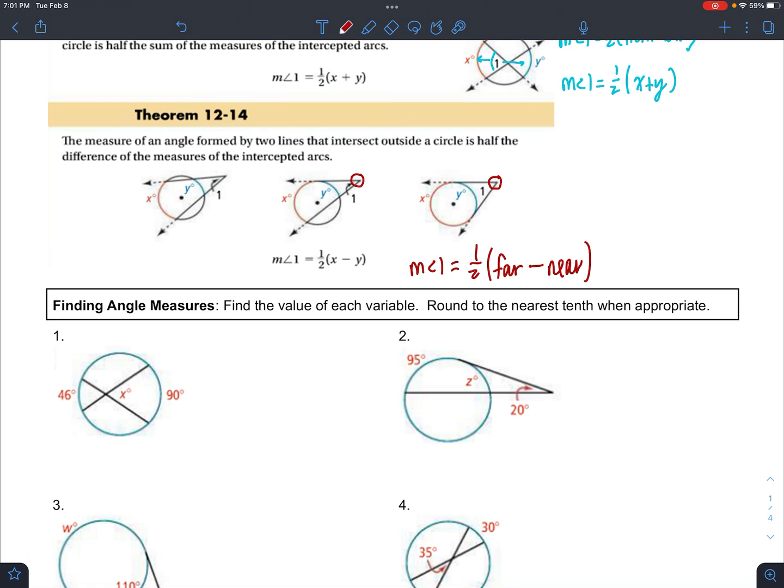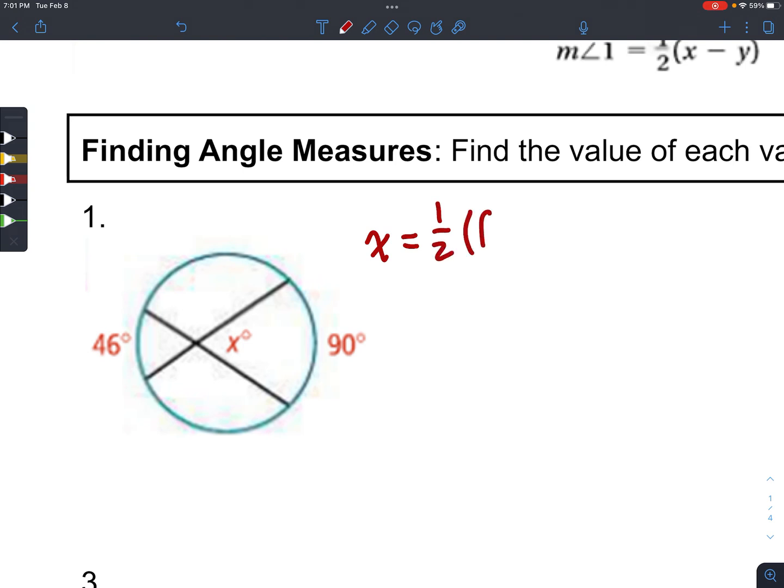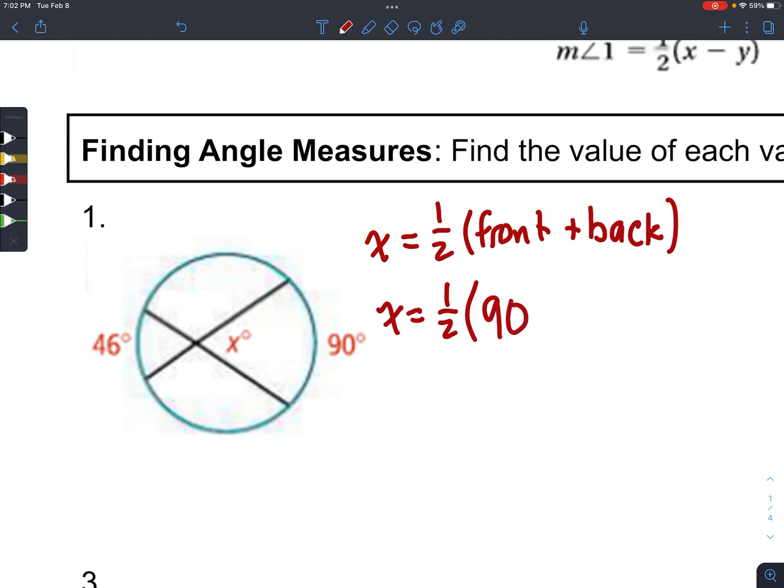So this one, it's got that X in the middle. So X is 1/2 of the front plus the back. That first one. So all you gotta do is just go ahead and plug in.